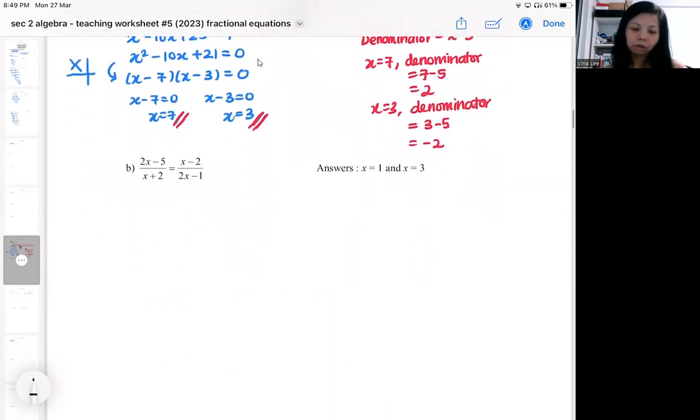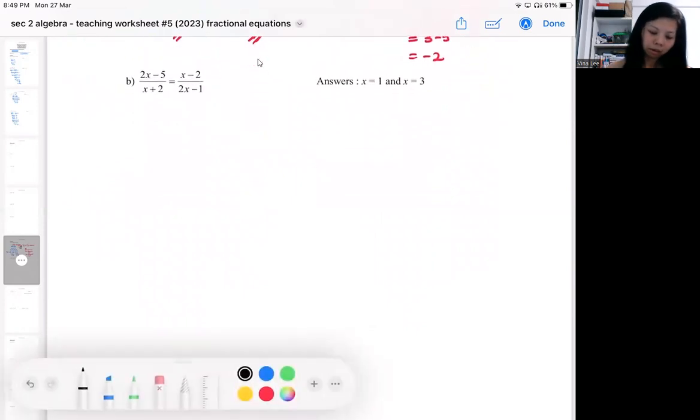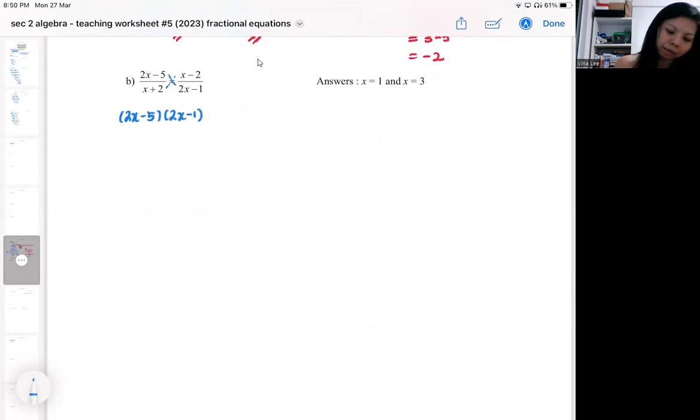In the next question, it's also a direct cross multiplication. It's really a very direct one. So you just cross multiply. There will be expansion on both sides of the equation, so please perform your expansion carefully.